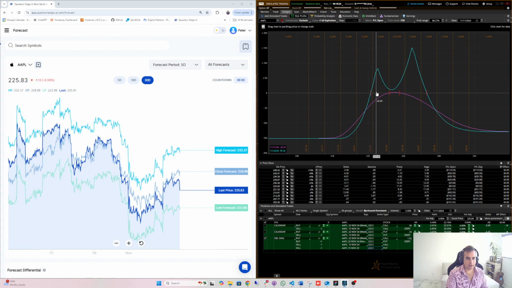So your area where your P&L is positive has now increased, and this threshold is from 220.67 to 236.67. Now, this is the structure that makes perfect sense to me.